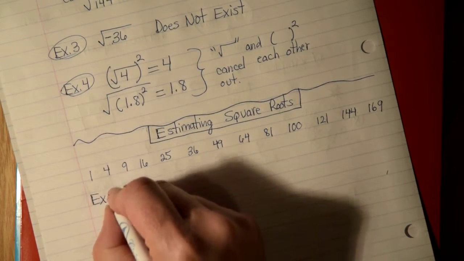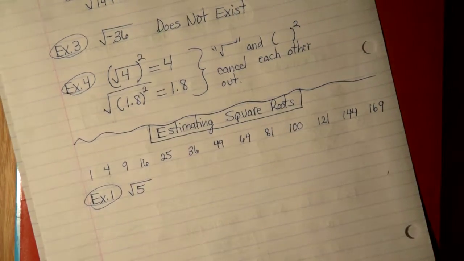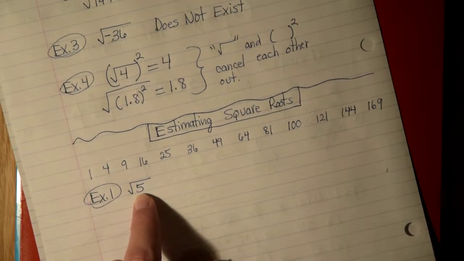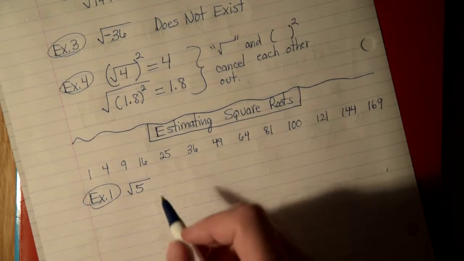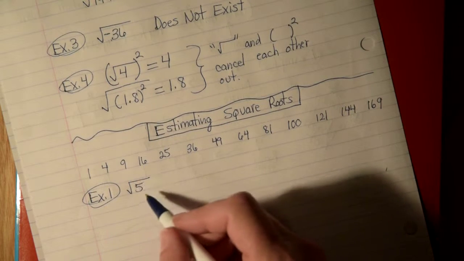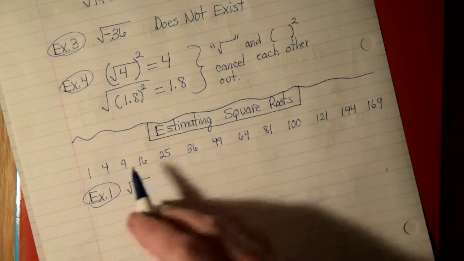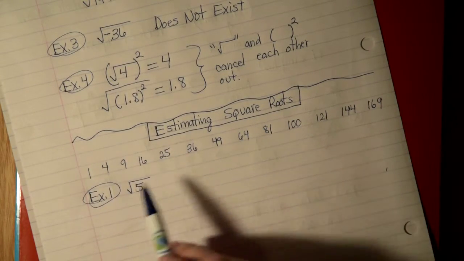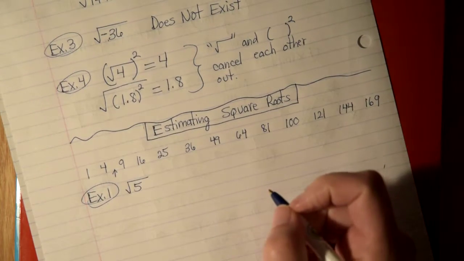Example 1 is the square root of 5. We want to estimate this square root between two integers because this is not a perfect square. It does have a square root, it just happens to be an irrational number. So you want to locate on the list of perfect squares where 5 would fall, so it's going to be between 4 and 9.